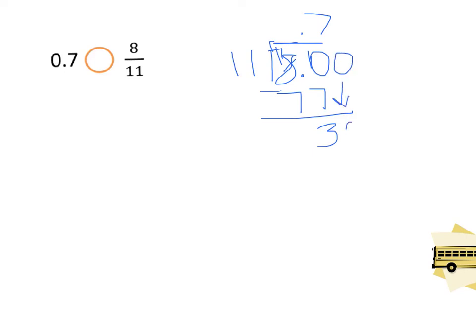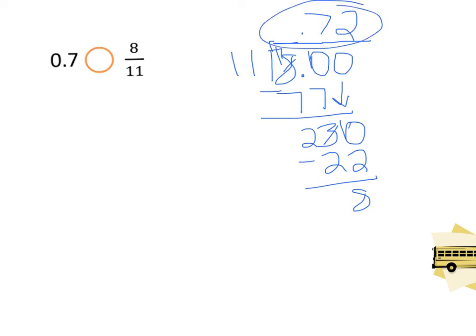Bring down the 0. 11 goes into 30 2 times, and I get subtracting 22. When I subtract those, I get 10 minus 2, which is 8, and 2 minus 2, which is 0. Now, I think I can stop there because I have 0.72.